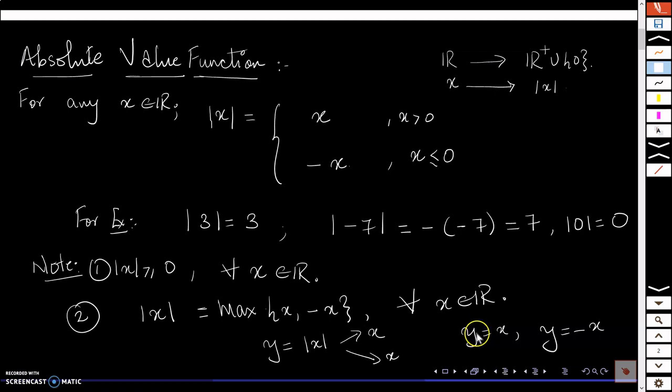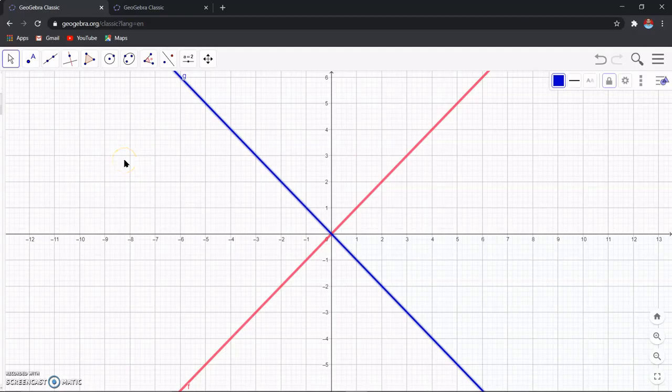So let me again show you the graphs of these two lines, y is equal to x and y is equal to minus x. So here's the graph. The red line which you can see here, which is in the first quadrant and the third quadrant, passing through the origin, is the line y is equal to x.